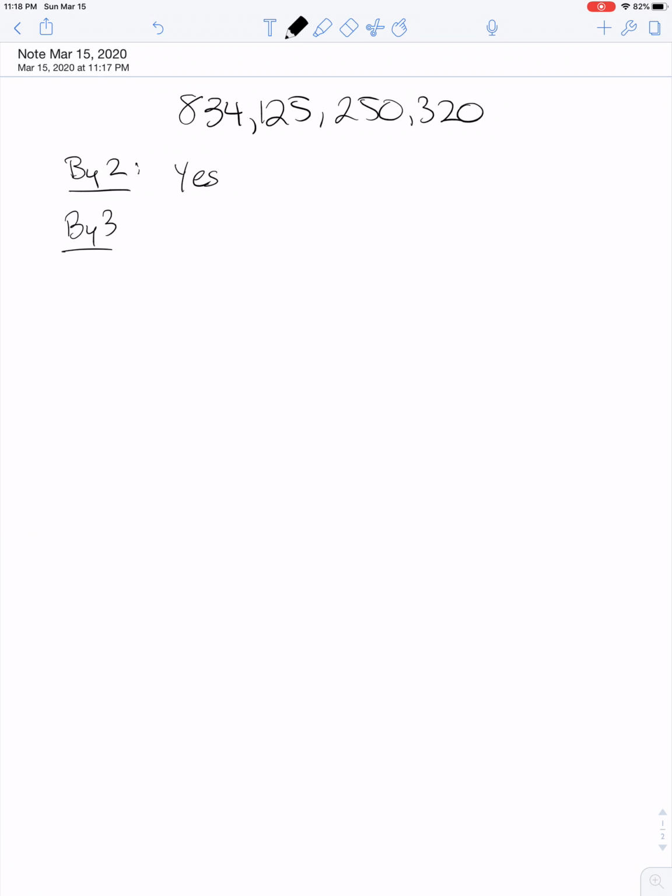Divisibility by 3 means we need to add up all the digits, and if that number is divisible by 3, then our number is divisible by 3. So we're going to do 8 plus 3 plus 4 plus 1 plus 2 plus 5 plus 2 plus 5 plus 0 plus 3 plus 2 plus 0.